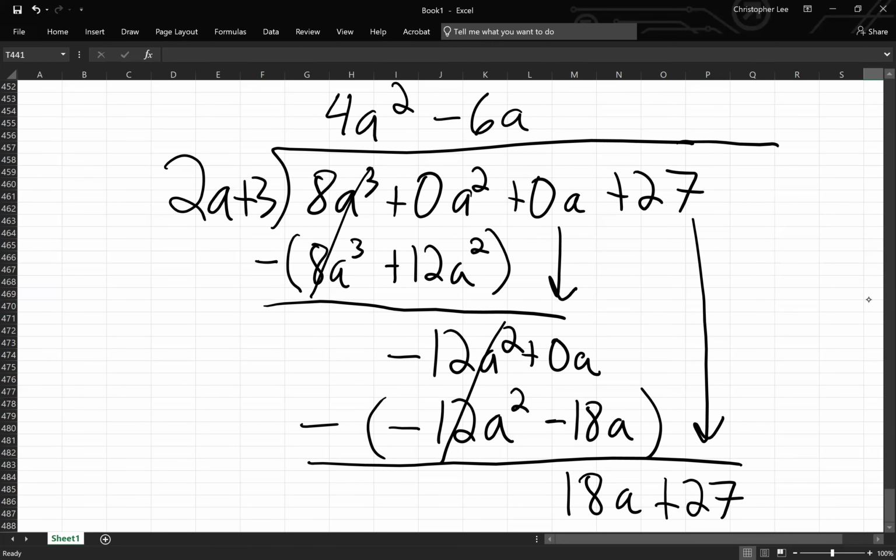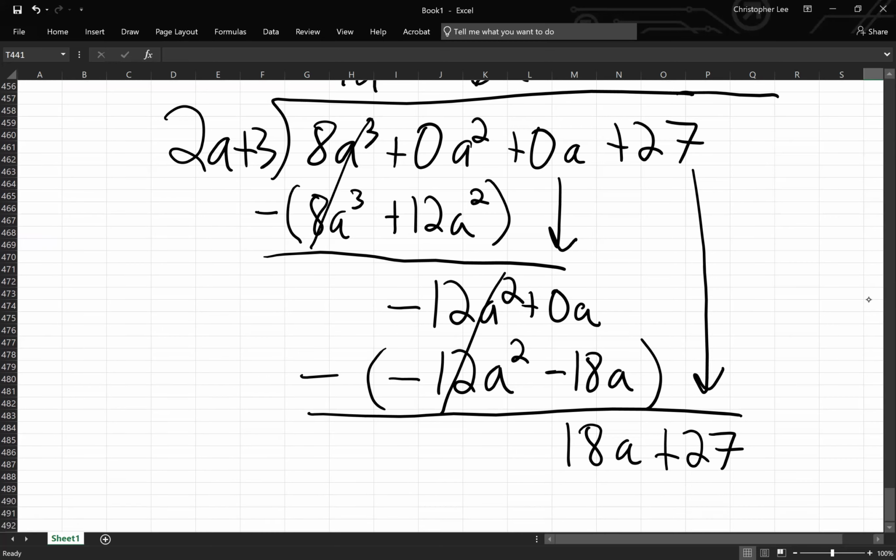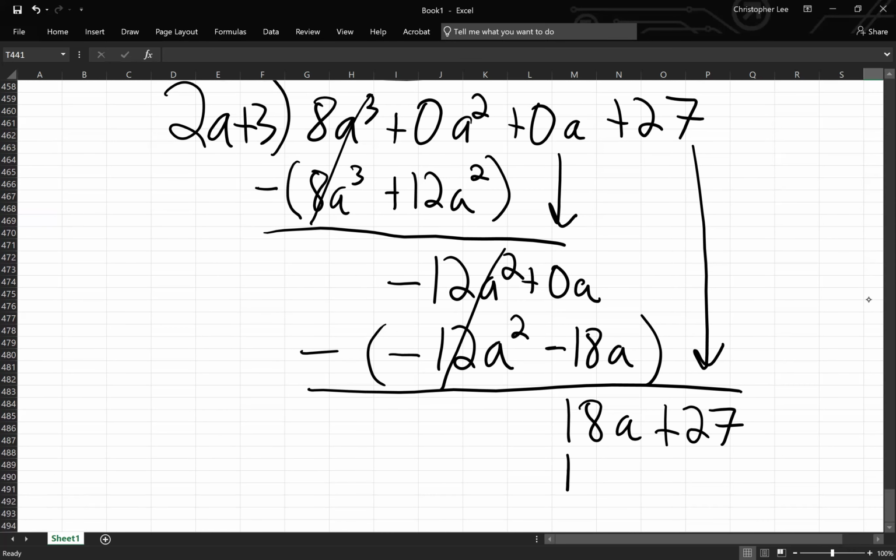Now 2a goes into 18a how many times? 9 times, so plus 9. Now 9 times 2a is 18a, and 9 times 3 is 27.